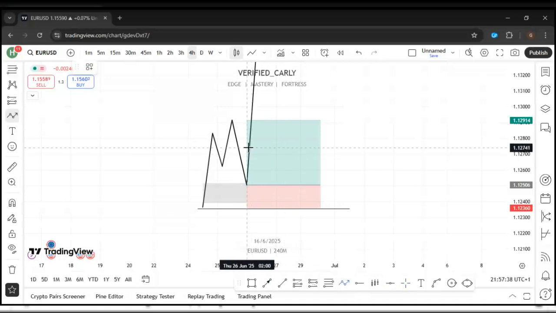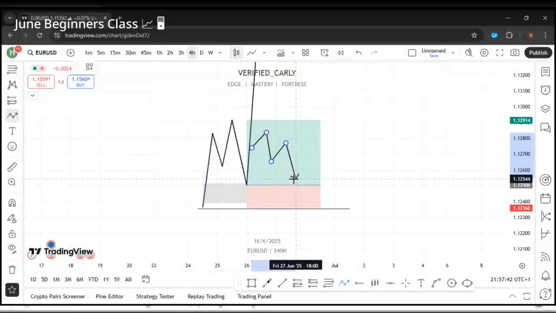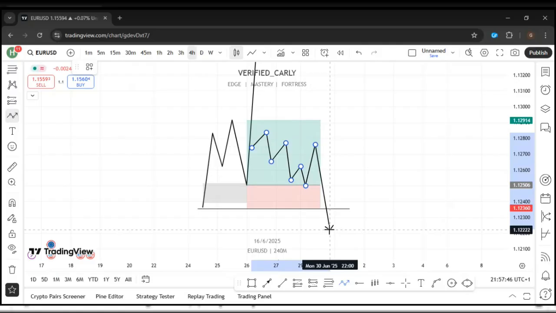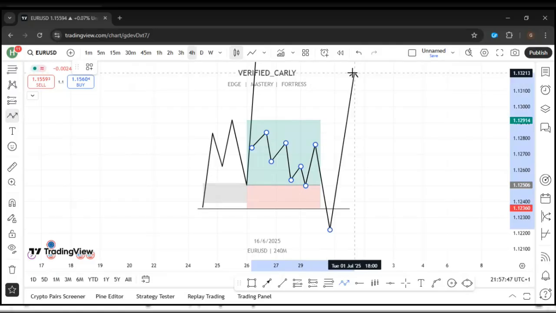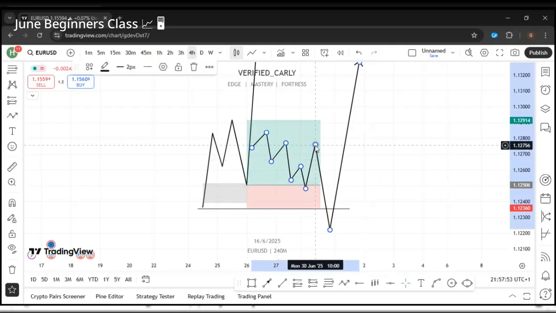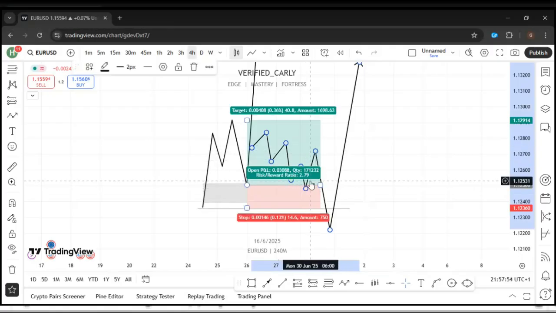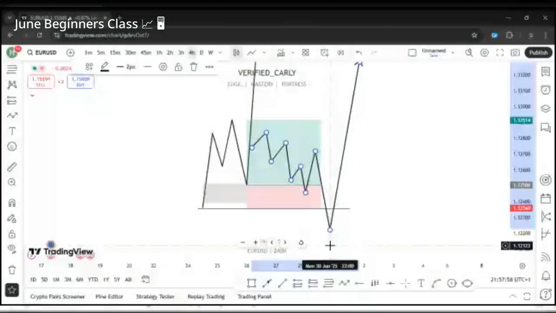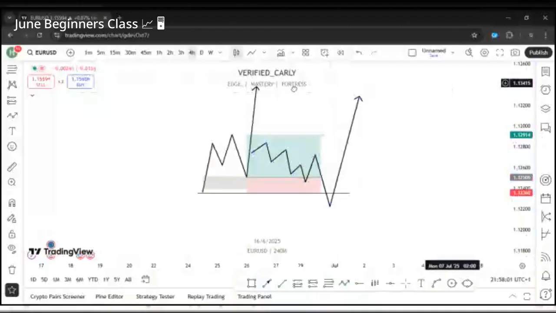The price might do something like this again, as if it wants to go up, tap and just move ASAP and take us out and go in the main direction. It will first take us out as if it's going in our direction, take all of us out and go to the main direction.